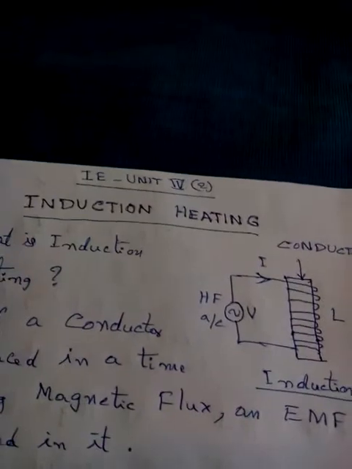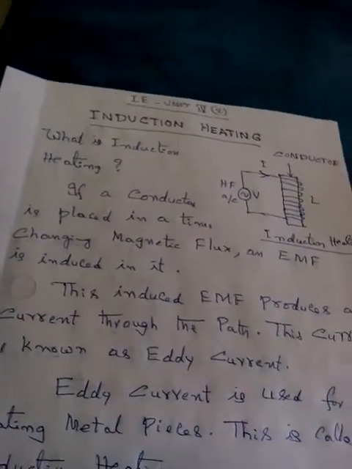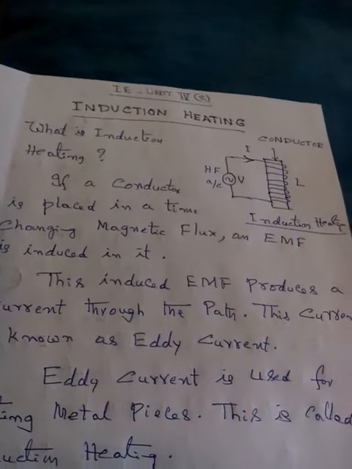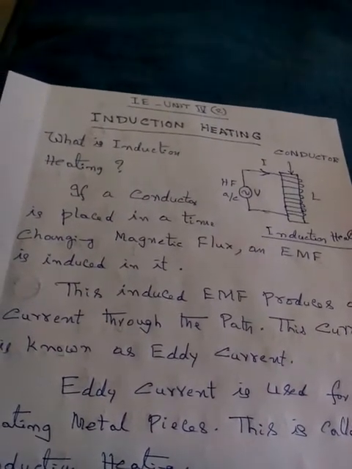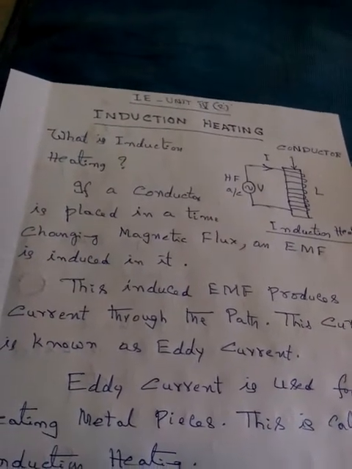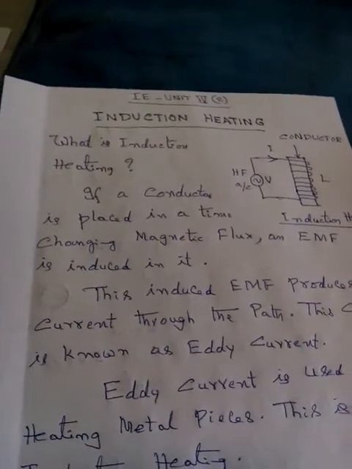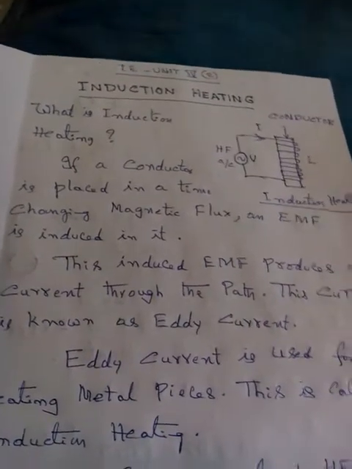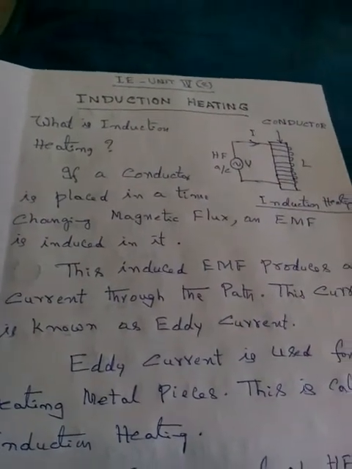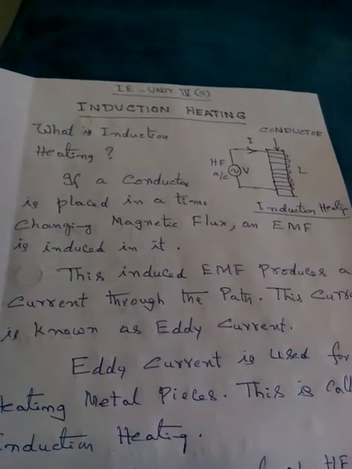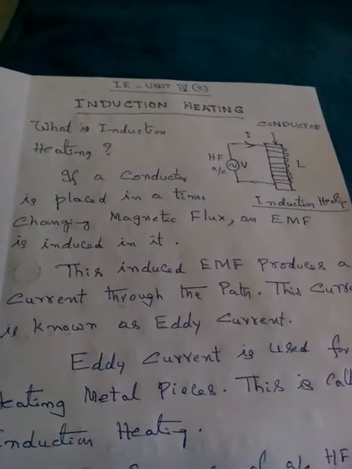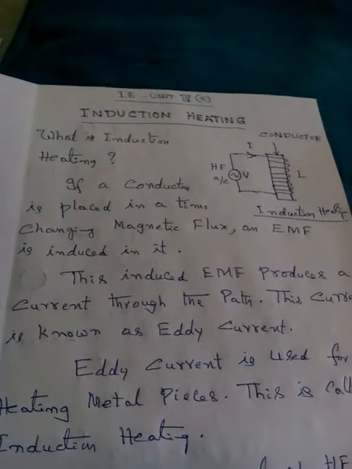Why is it called induction heating? What is induction heating? If a conductor is placed in a time-changing magnetic flux, an EMF is induced in it. Because any conductor will produce magnetic flux, the magnetic flux will induce an EMF.